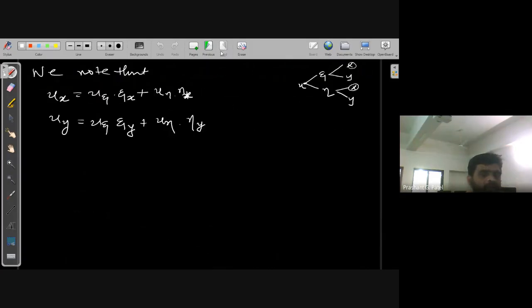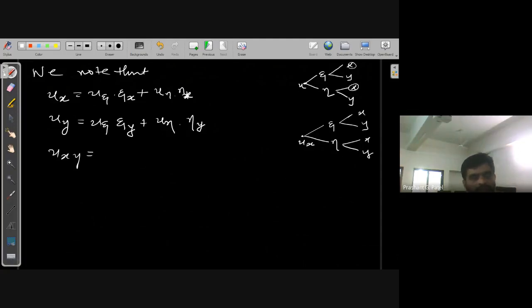That we are trying to find out here. So that's why it is uxy, that means a differentiation of ux with respect to y. So here we have again the same situation. ux is a function of xi and eta, and xi and eta are functions of x and y.